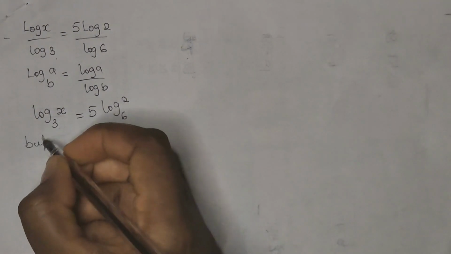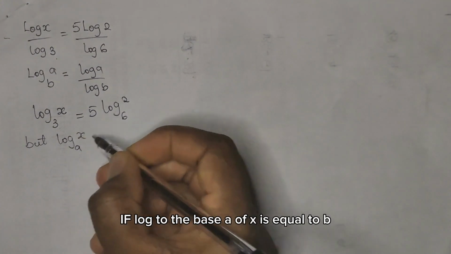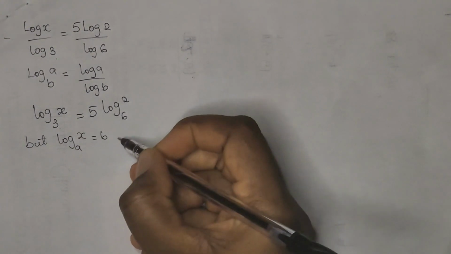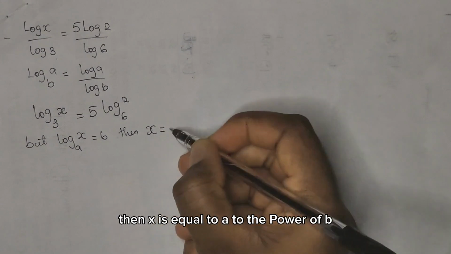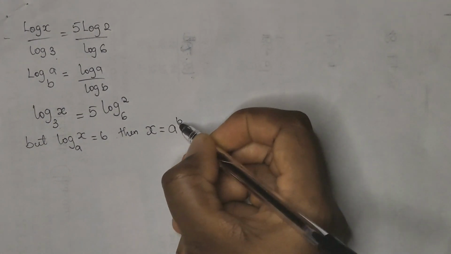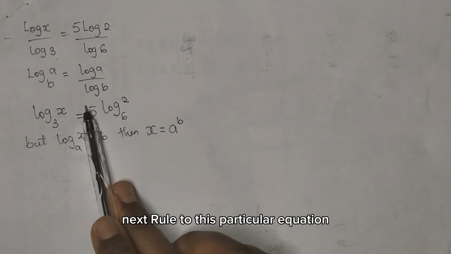But remember, if log to the base a of x is equal to b, then x is equal to a to the power of b. So we'll be applying this next rule to this particular equation.